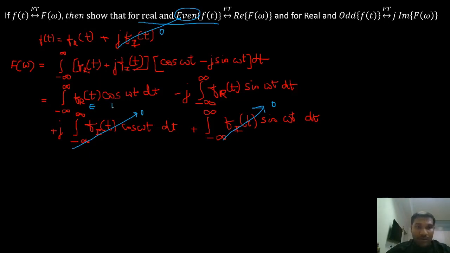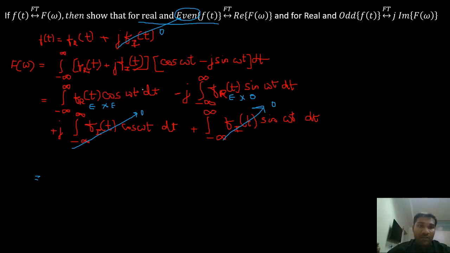This is my even function. Cos is my even function. So even function into even function is always an even function, right? This is an even function and this is an odd function. So when you multiply even and odd, we get an odd function, right? So how can I write this?